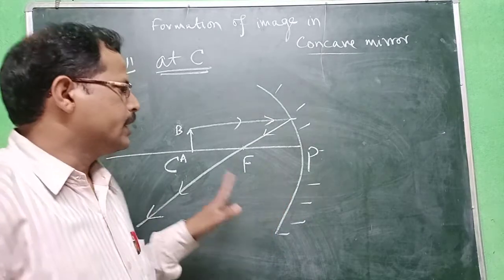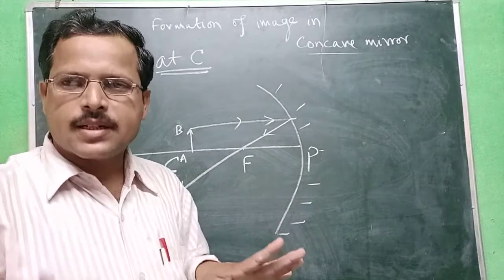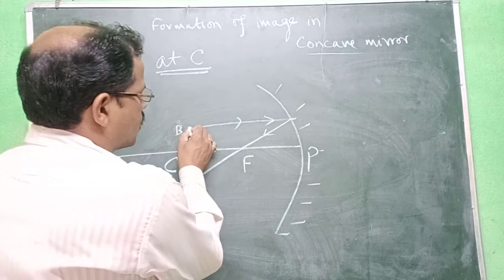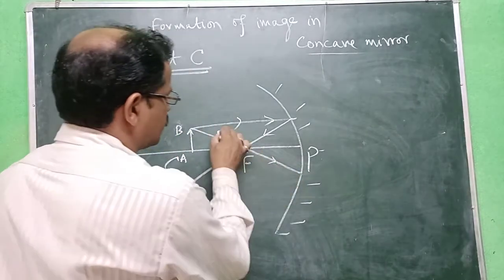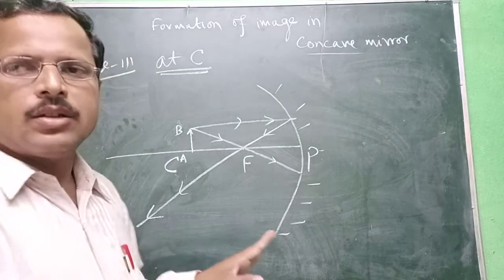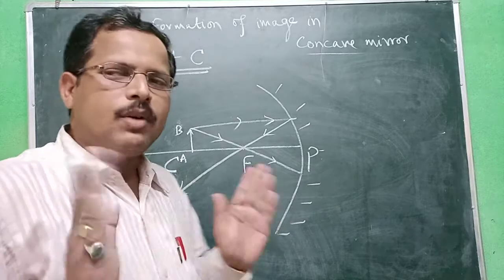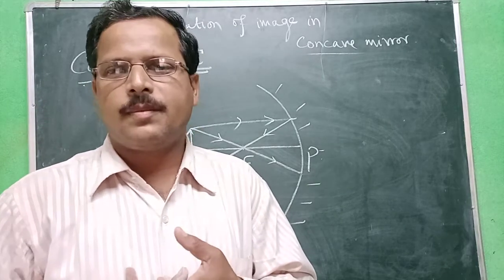Next, take another incident ray through the focus. What is the rule when a ray comes through the focus?